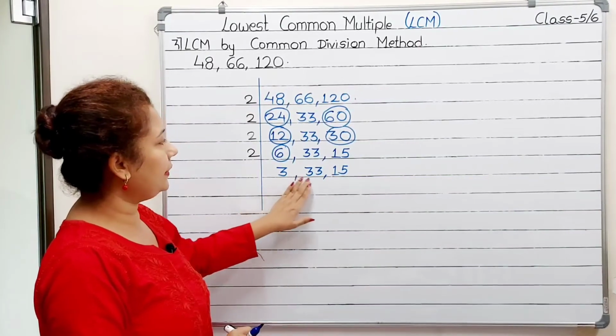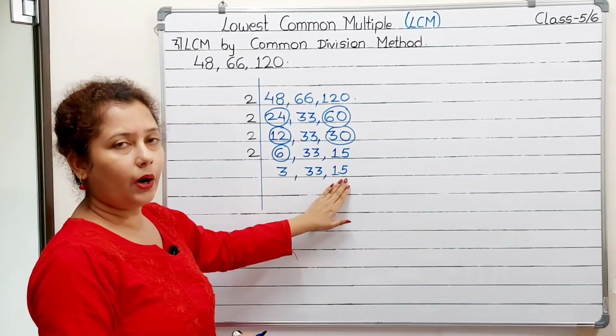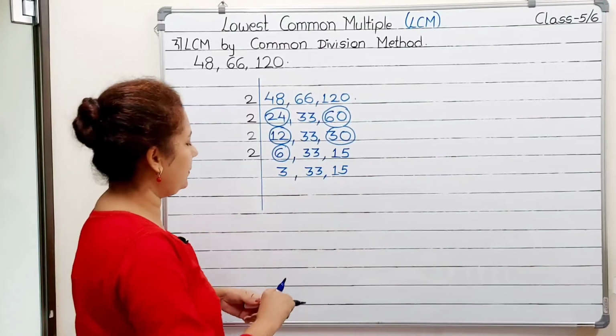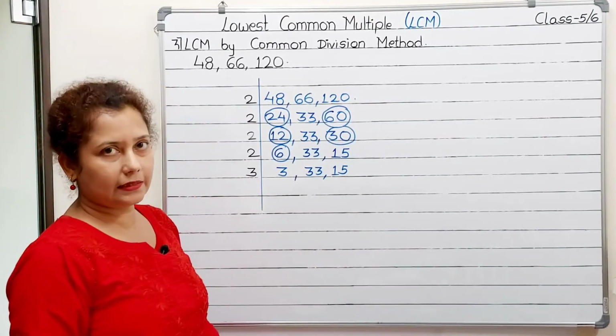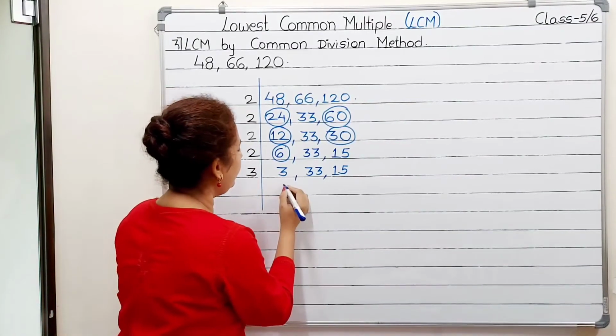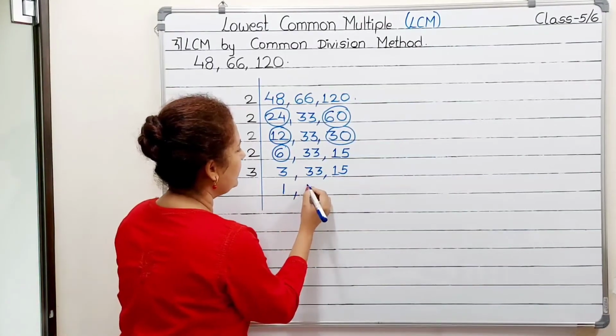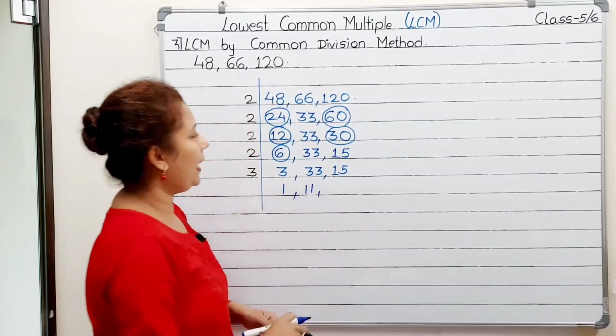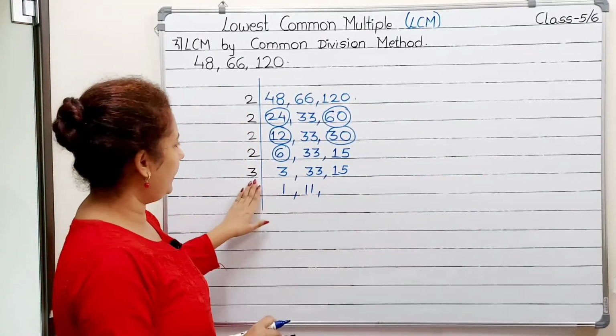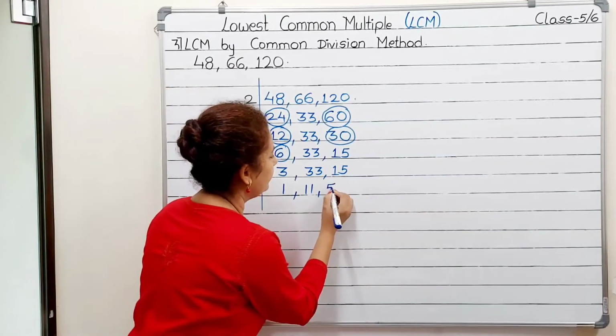Now here 3, 33 and 15, all three numbers are divisible by 3. So we will move to the next prime number, that is 3. Here 3 divided by 3 is 1. 33 divided by 3 we get 11 and 15 divided by 3 we get 5.